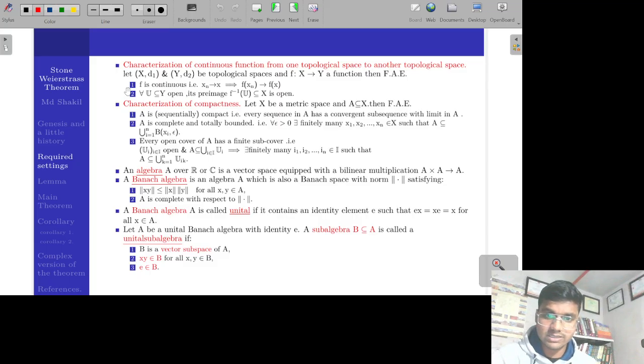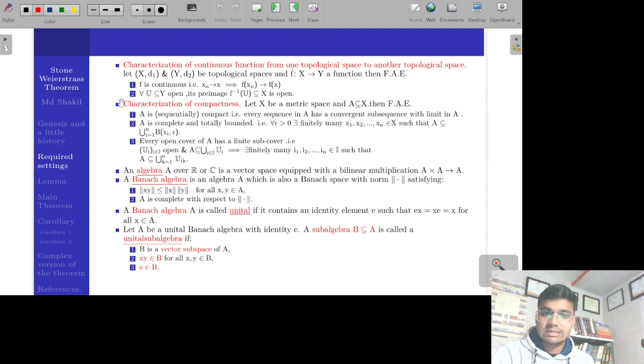F is continuous means if you have a sequence xn converging to x in the domain, then the sequence in the range, f of xn, should also converge to f of x. Then we say that f is continuous. And in the second point, you take any open set u in Y, its preimage f inverse of u will also be open in X. So these are the characterizations of a continuous function.